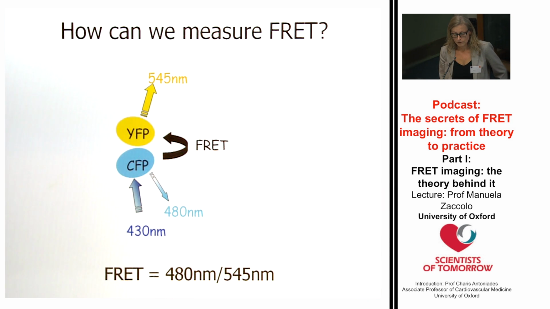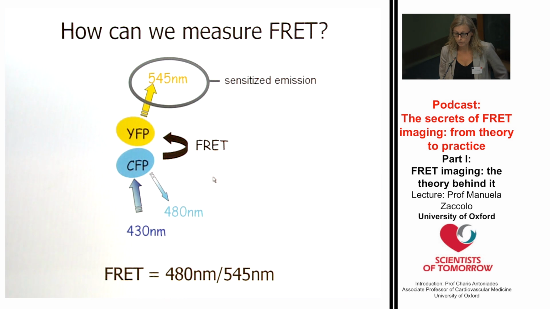But for most of the applications that I'm going to describe today, and for most applications in live cell imaging, there is a relatively easy way of measuring FRET change, which is to measure sensitized emission. In this approach, we only need a rather conventional epifluorescence microscope where we can excite the donor at its appropriate excitation wavelength.